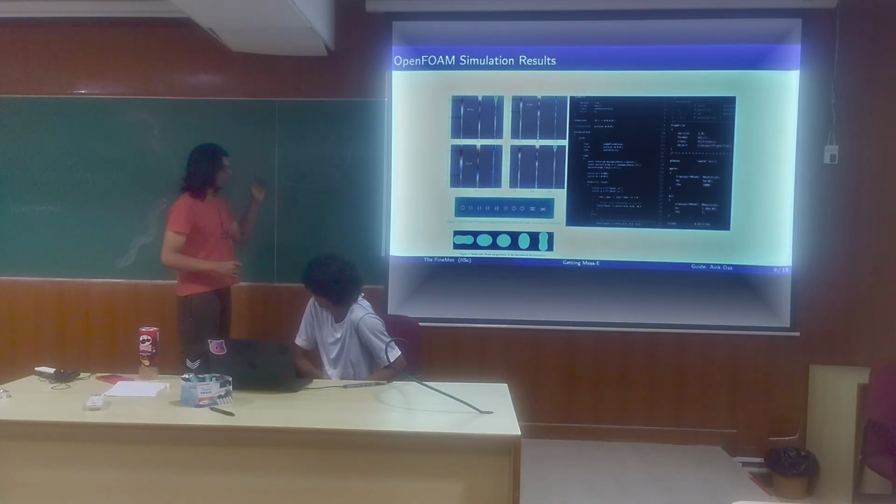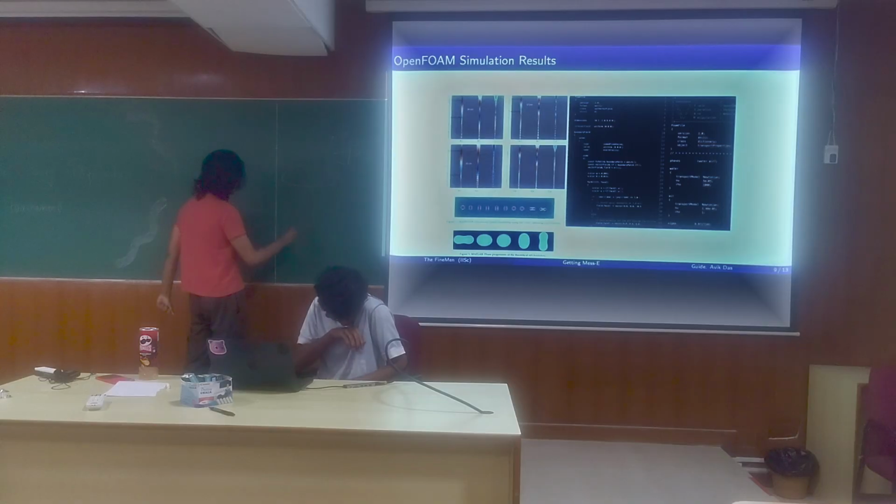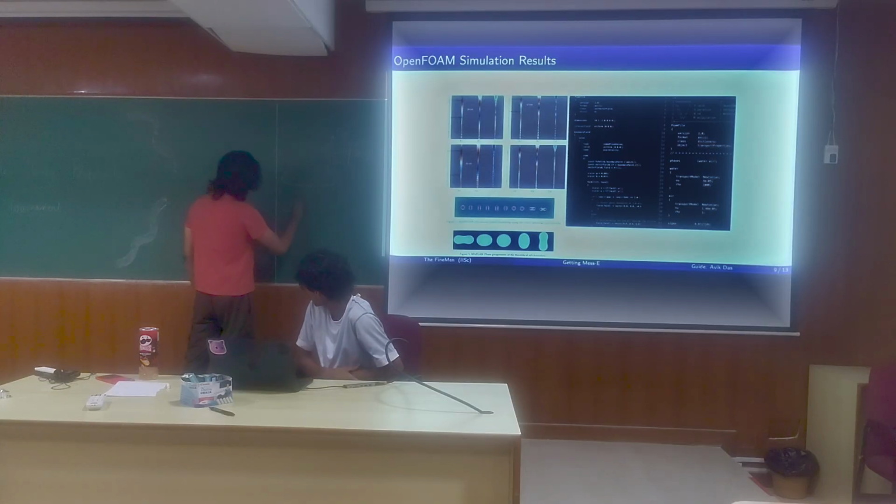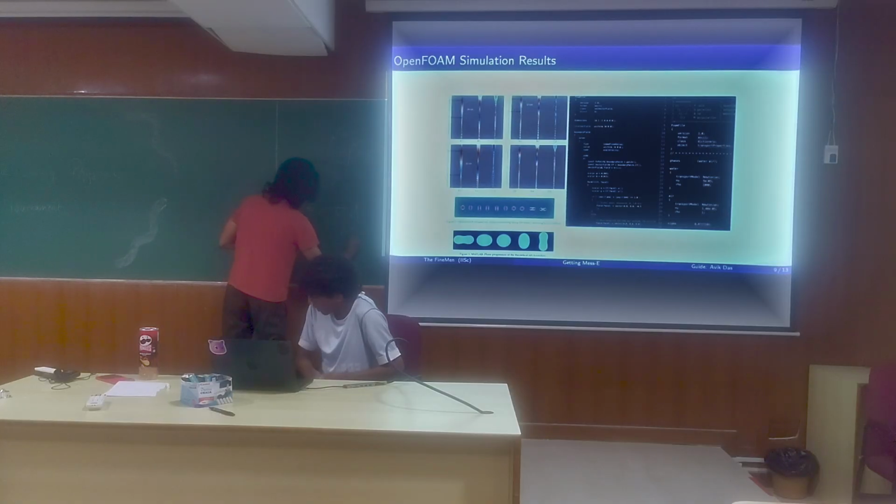And now what happens? We all know surface tension, and surface tension has a relation so that the change in pressure across a boundary is related to the surface tension times the gradient of the normal. So you can clearly see that the pressure gradient will be dependent on how much it is curved. This will be equal to 1 by R1 plus 1 by R2.